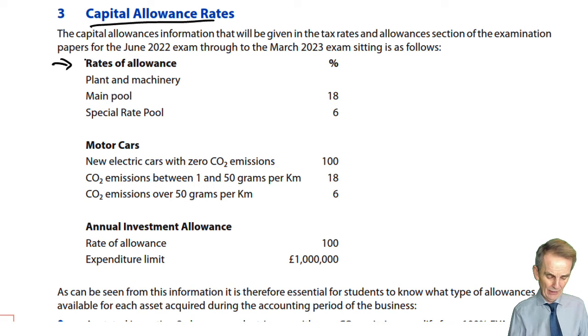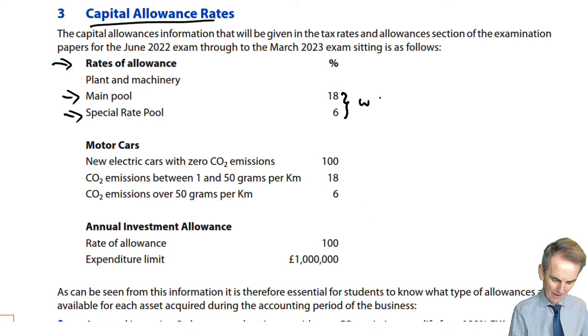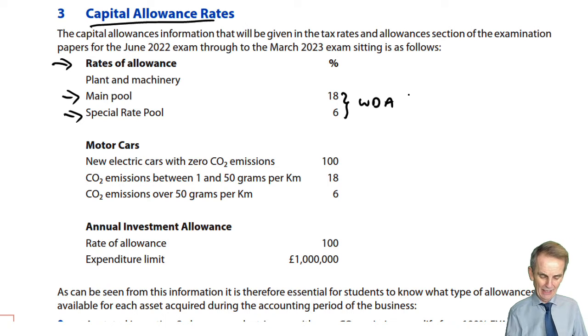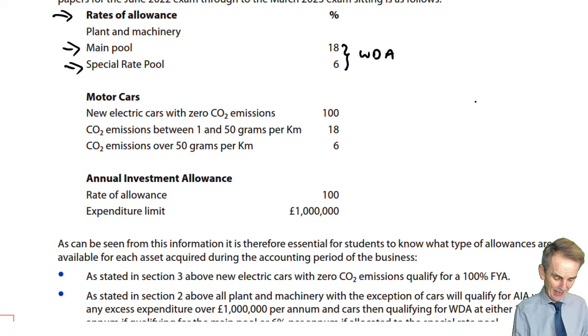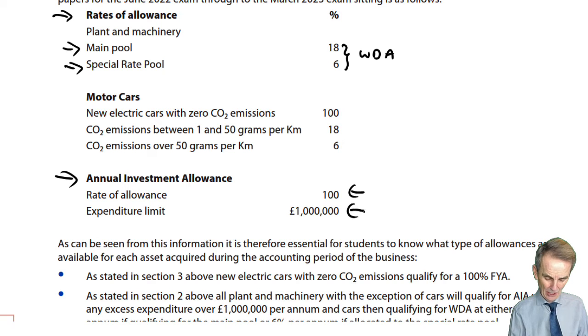The first title, Rates of Allowance in relation to plant and machinery, and there's your main pool and your special rate pool, and those, of course, are your figures of writing down allowance. Remember, per annum. In relation to AIA, that one is labelled. We know it's 100%, and the expenditure limit is 1 million, again on a 12-month period. And we use that 1 million whatever dates the accounting period may be.